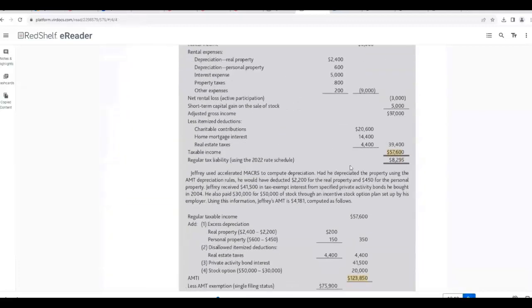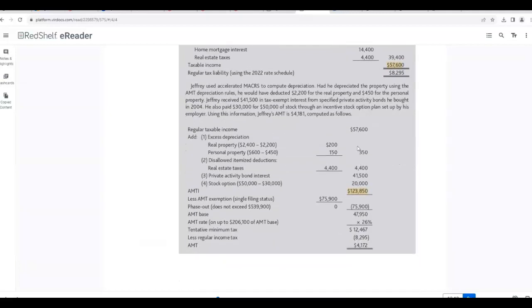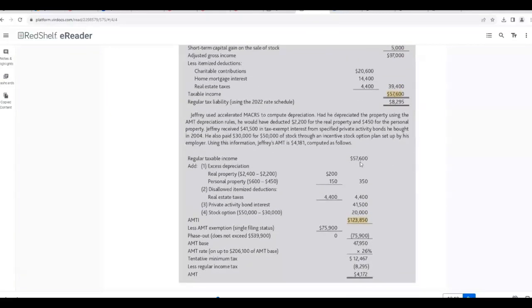We know that this guy is making $57,600 taxable income. We start to calculate the AMTI with the regular taxable income.